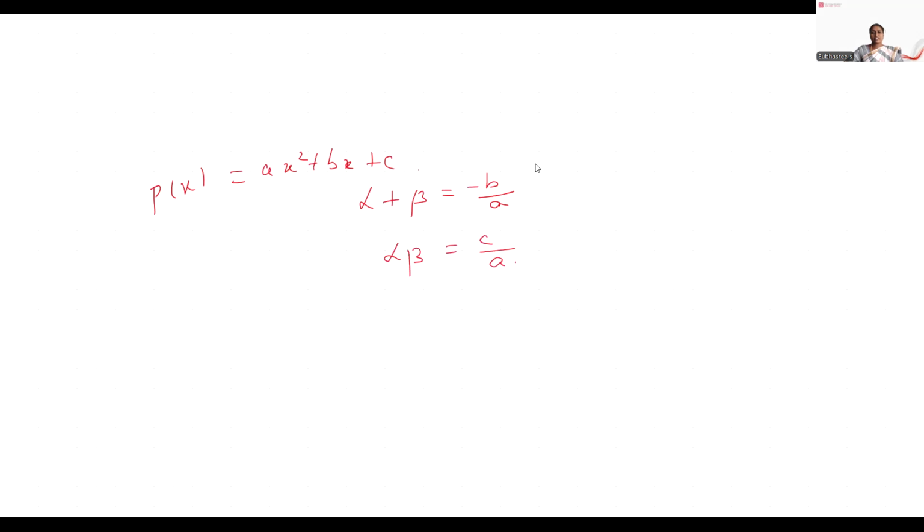Minus coefficient of x by coefficient of x square. What is the coefficient of x here? b. Coefficient of x square? a. As usual, c is the constant, so c by a. These are the two formulas you have to remember. That is what we have given here in the main screen.